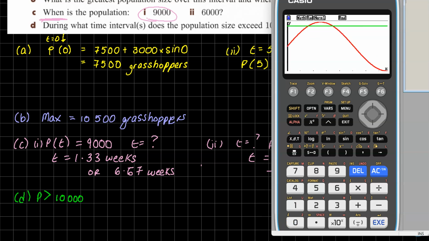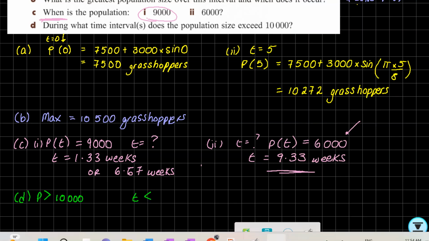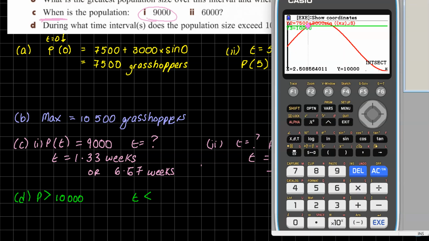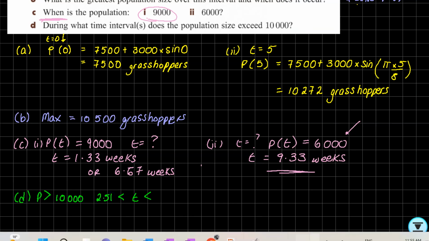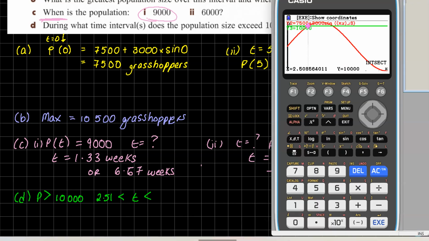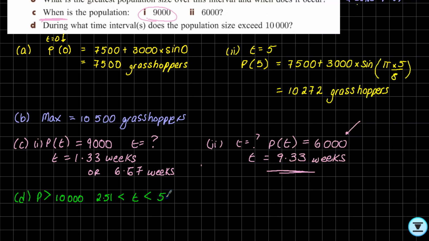But you could have done exactly what you did for C part 1, okay? GSolve, intersection, I've got it's between 2.51 and 5.49 weeks.